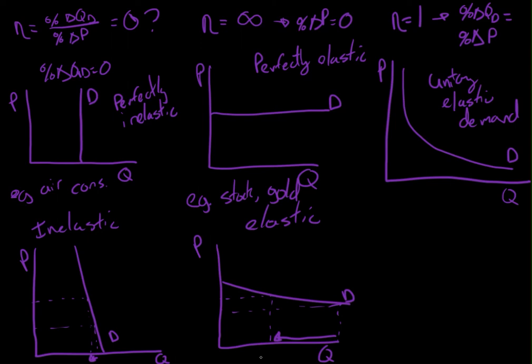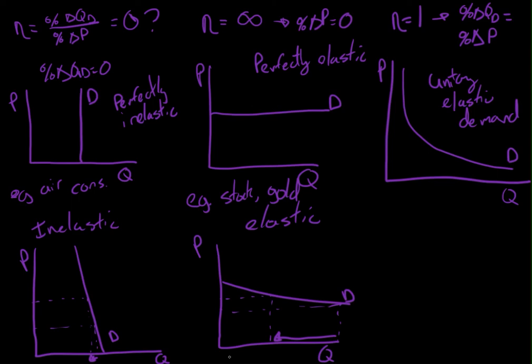And as I mentioned with the extreme scenarios, if I obtain an elasticity that is closer to infinity, it's going to be flatter. If it's smaller and smaller in number, it's going to become steeper and steeper.